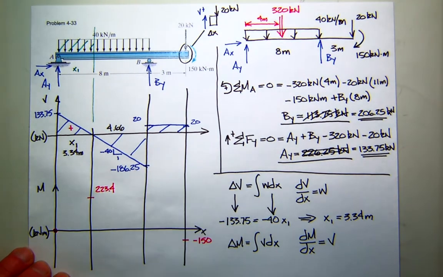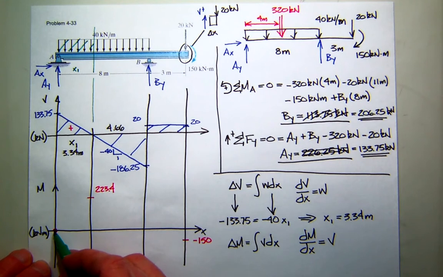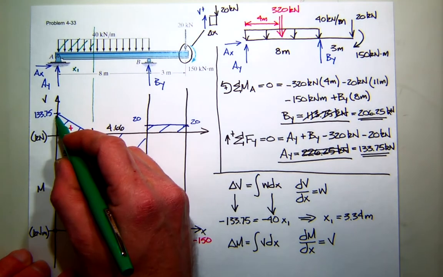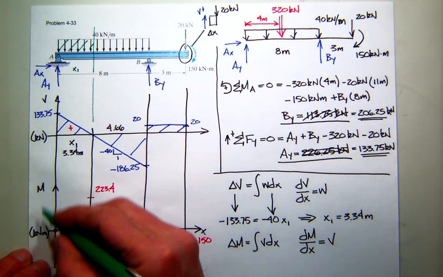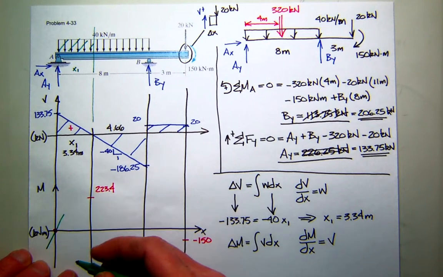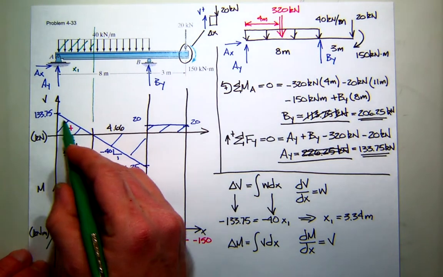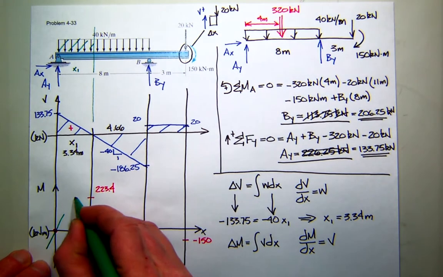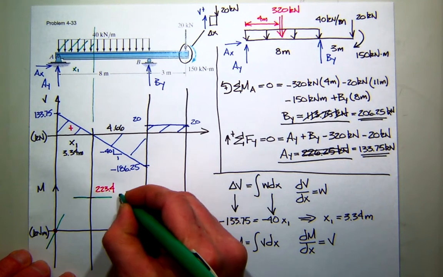223.4. Okay, now what's the shape of the curve? Well, the shape of the moment diagram is given by the shear. So you start here at the left side, you go up and you see the shear is a big positive number. So I'll draw a big positive number, and it decreases to 0.